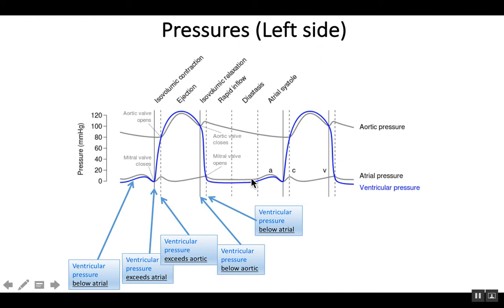So this is the refilling that occurs during relaxation. Then we're going to get to the next cycle again. The mitral valve is still open because the pressure in the atrium is greater than the pressure in the ventricle. And we're going to top off. We'll be able to add that 20% of volume again.